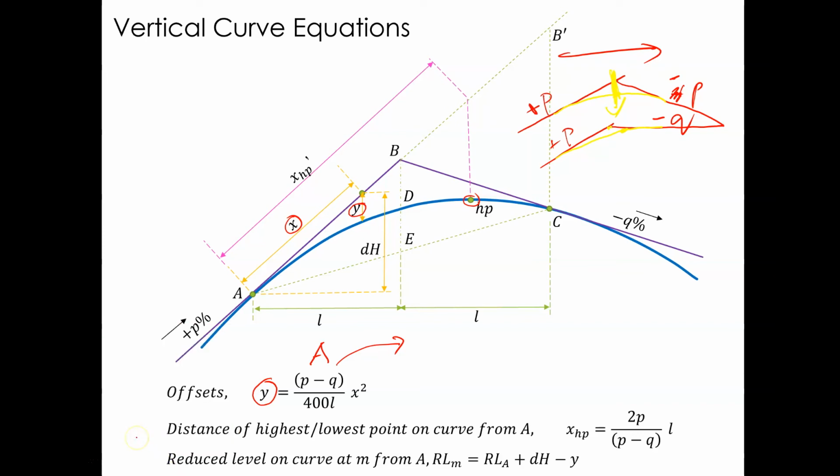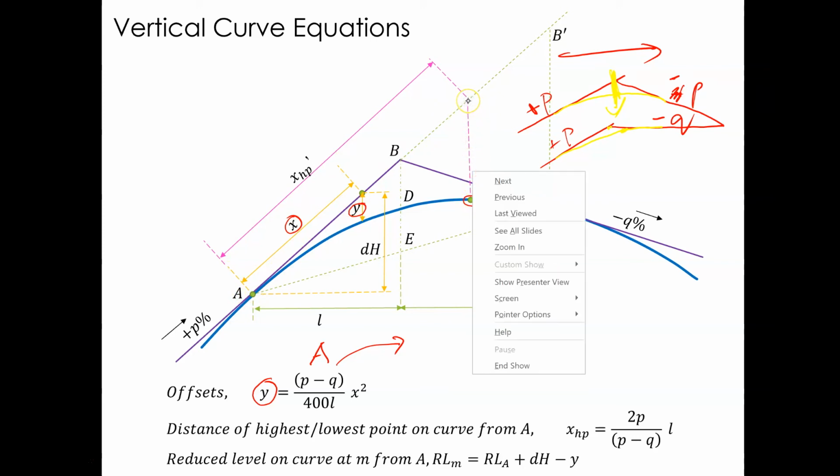In this diagram here, P might be there, because that grade and that grade are not equal. So how do we tell where that P is? We can calculate that distance, from A to the point on the grade where the highest point is.